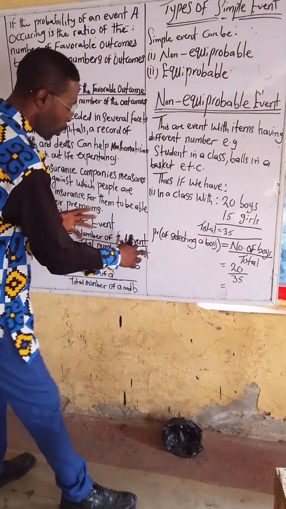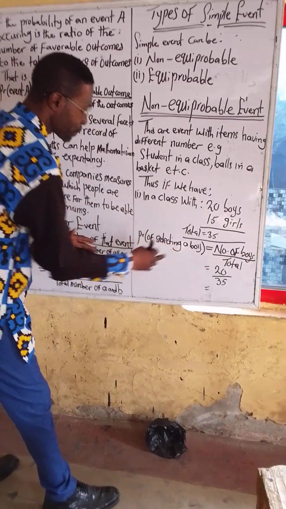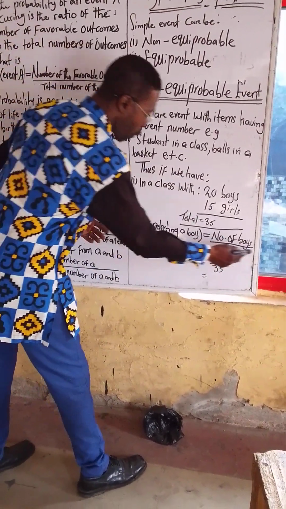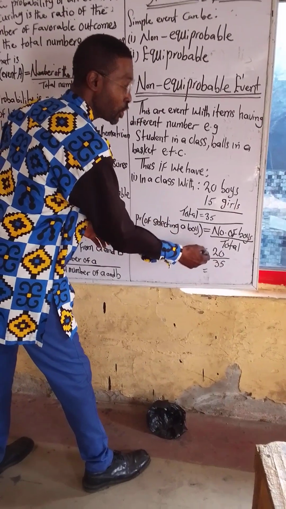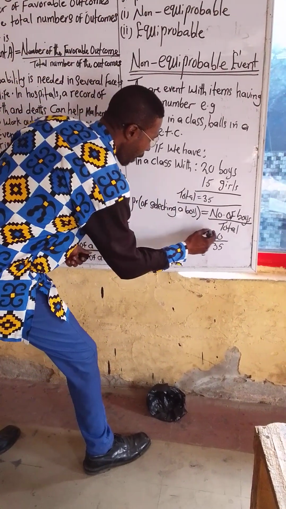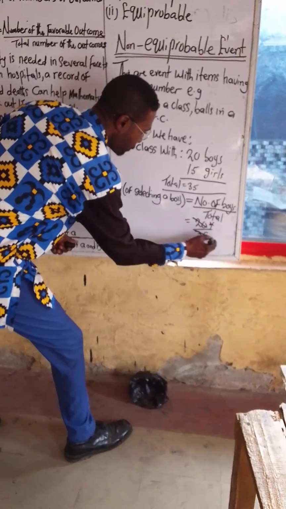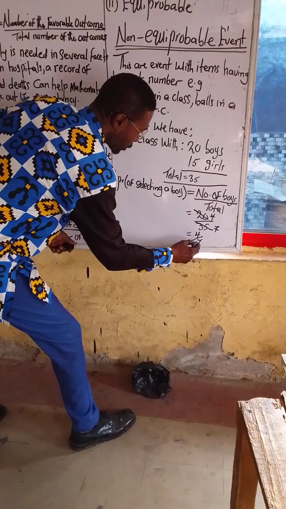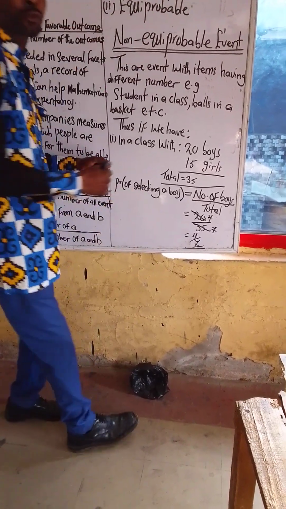Now look again, the probability of selecting a boy from all this is the number of boys over the total. The number of boys is 20, then the total is 35. Now we believe that 5 can go here. 5 here is 4, 5 here is 7. So our answer will be 4 over 7.